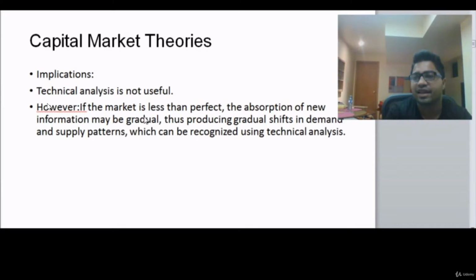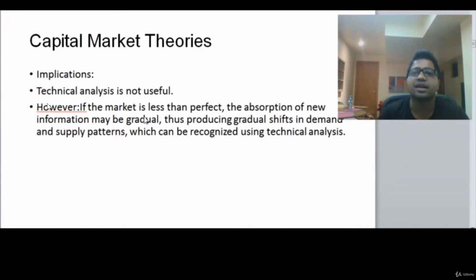The implication is that technical analysis is not useful. One of the assumptions in technicals is that price moves in trend, that is, past price behavior has a bearing on future price behavior. So if prices don't move in trend, if they are random, then there is no utility of technicals.